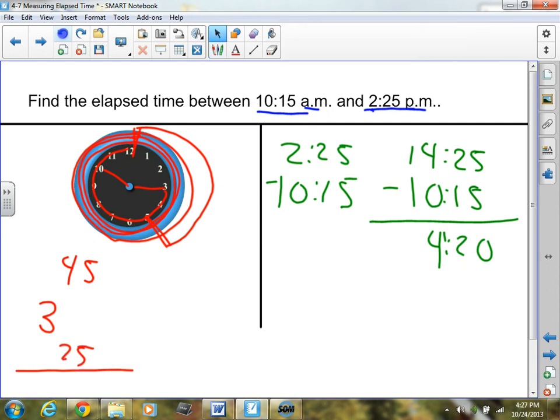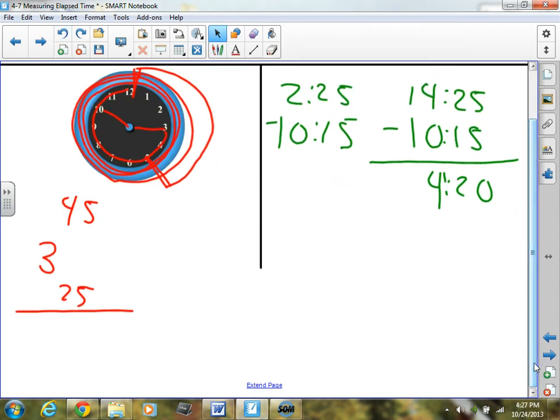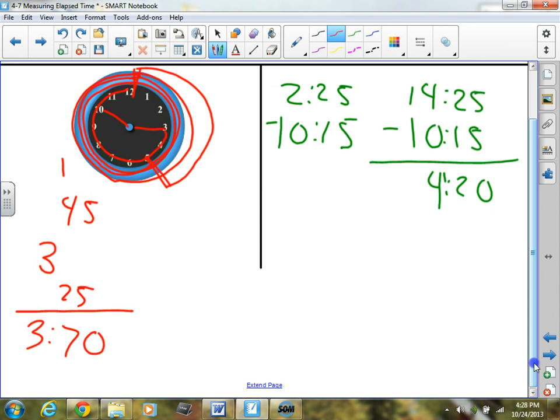And so now I simply add them up. So it's going to be 4, 5, 6, 7. So it's going to be, well, I'll put 7 here. We'll talk about that. And then that's going to be 3. Now I can't say 3 hours and 70 minutes.